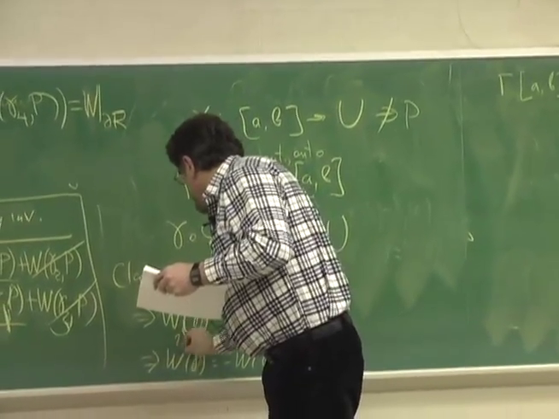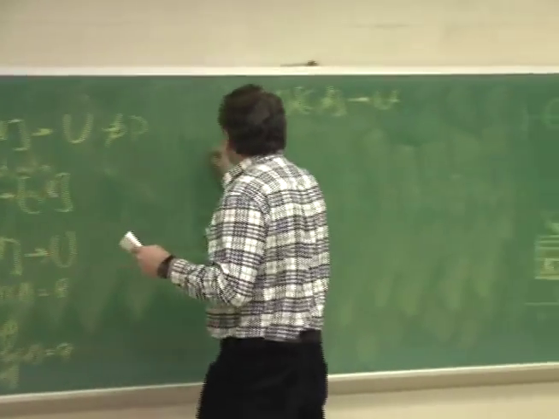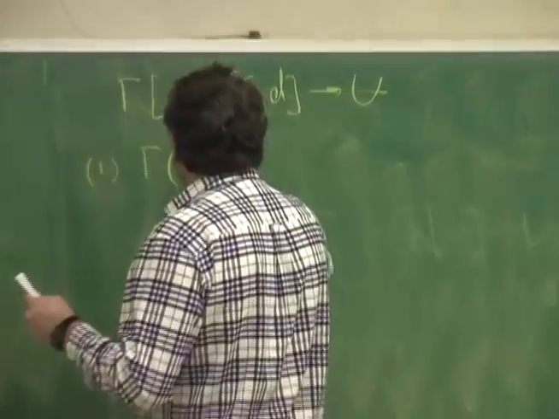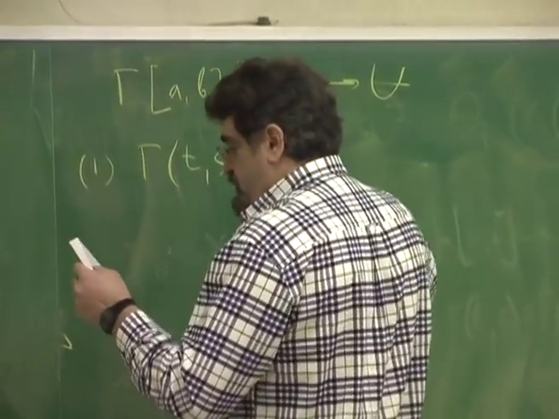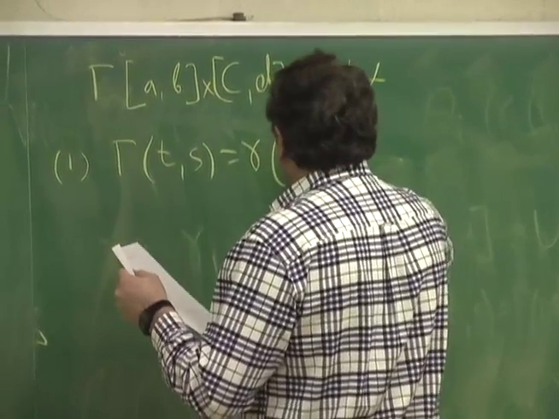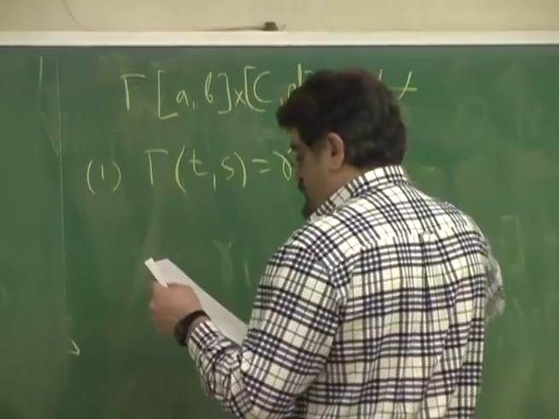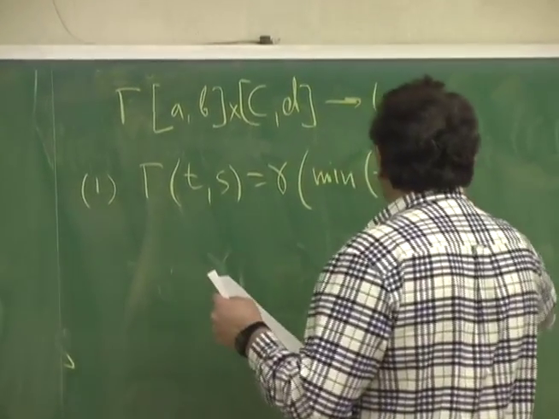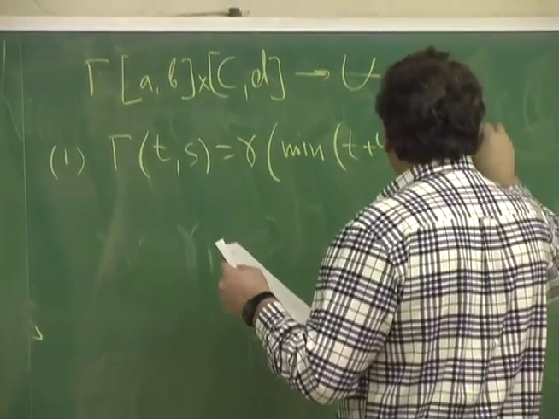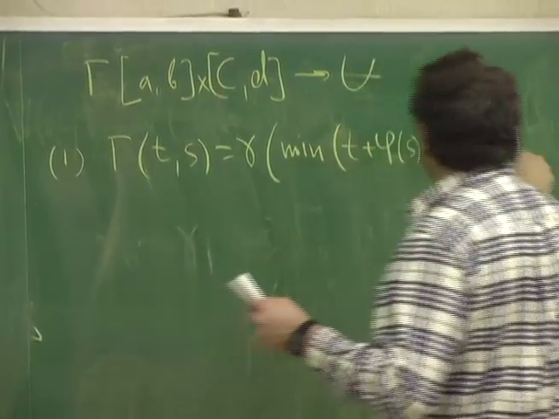This is case number 2. In the first case, you simply put gamma of T as equal to gamma of the minimum of two things, T plus phi of S minus A, and B. You take the minimum of these two.